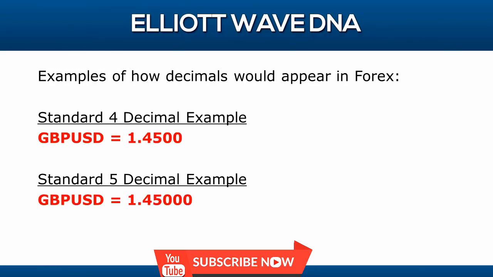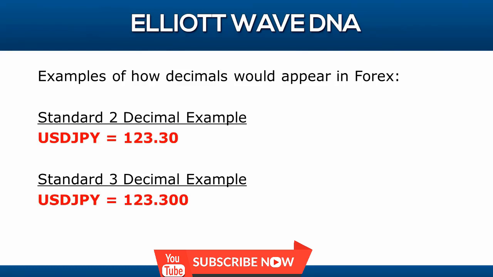Standard 4 decimal example. Pound dollar is quoted at 1.4500. You can see 4 numbers after the 1 and dot. Standard 5 decimal example. Pound dollar is quoted at 1.45000. So you can see 5 numbers after the dot.